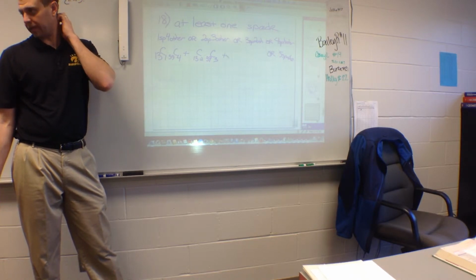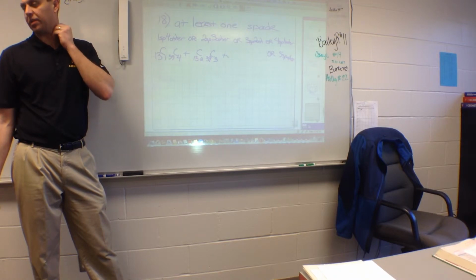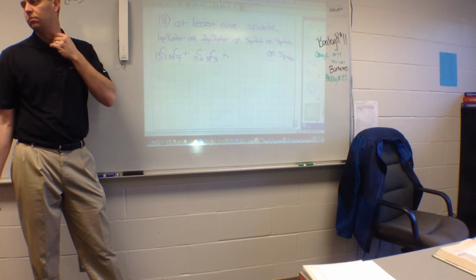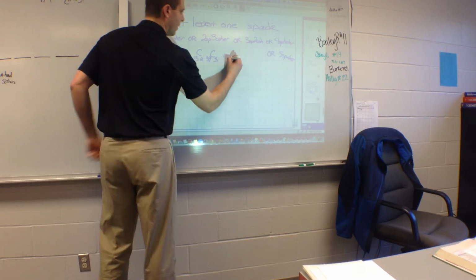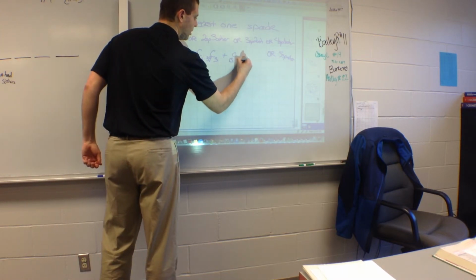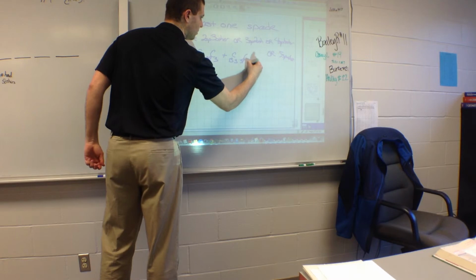How many cards are spades? 13. How many cards are in the deck? 52. So how many are not spades? 39. So it'd be 39C2. Okay? So 13C3 times 39C2.